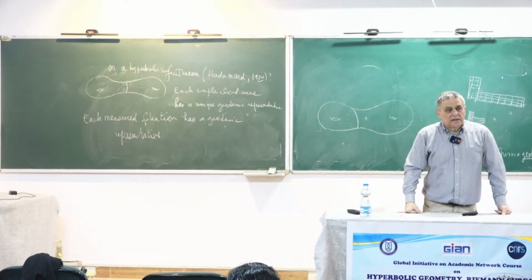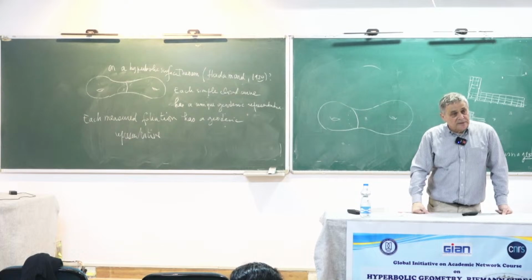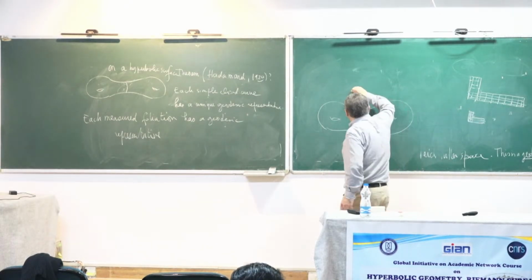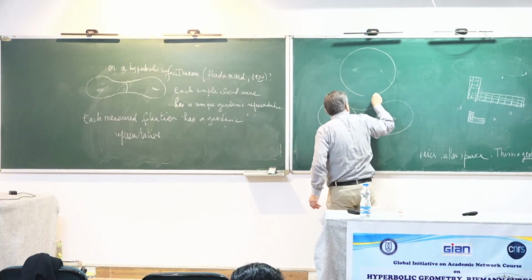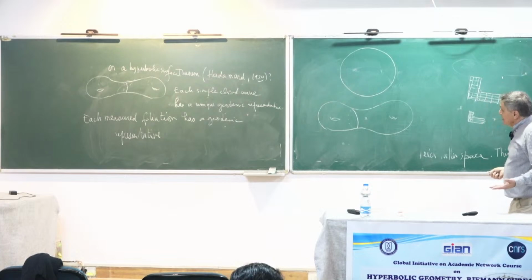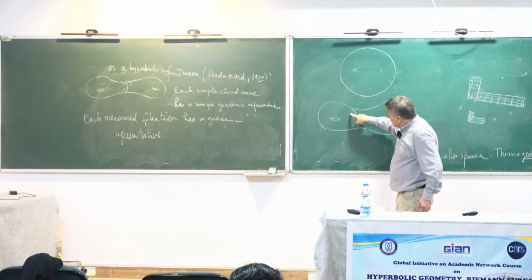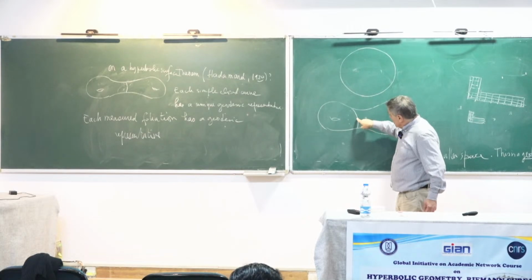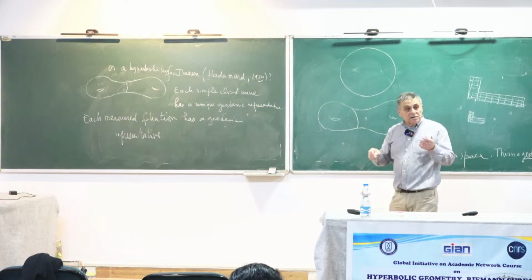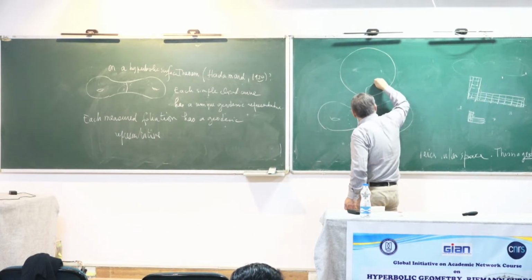And I said that there is a geodesic representative. The surface is hyperbolic, so I have the universal cover, which is the hyperbolic disk. And I look at all the lifts of this simple closed curve, because the disk is simply connected.